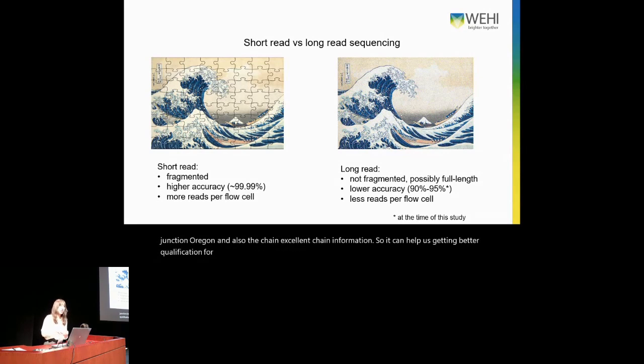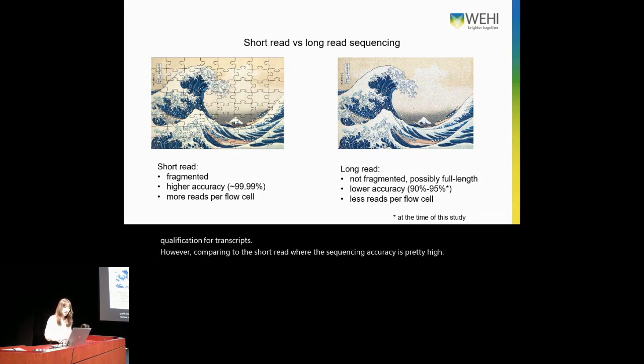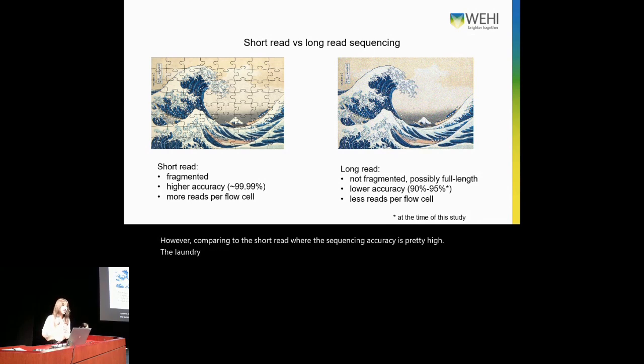However, compared to short reads, where the sequencing accuracy is pretty high, long-read sequencing technology has a slightly lower sequencing accuracy, which means there are more sequencing errors in the reads.